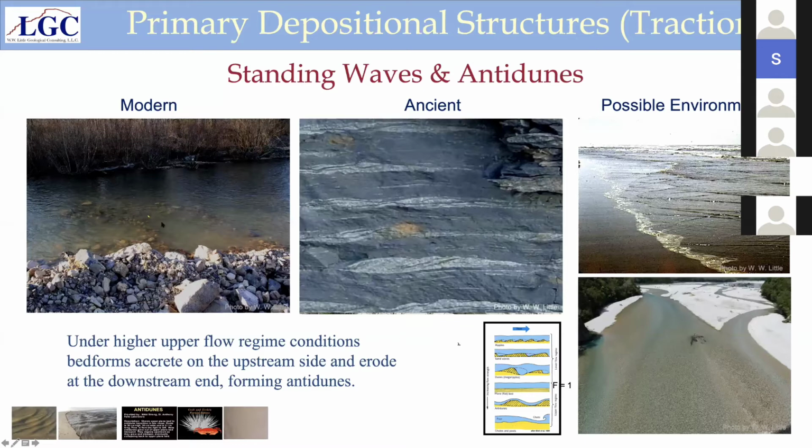On the left, it's not really common to find these features in gravel. These are anti-dunes. These were formed when a reservoir that was placed at the top of a mountain in the state of Missouri failed. What they would do is pump water up during the day and fill the reservoir and then release the water, pump it up during night, then release it during the day to produce electricity.